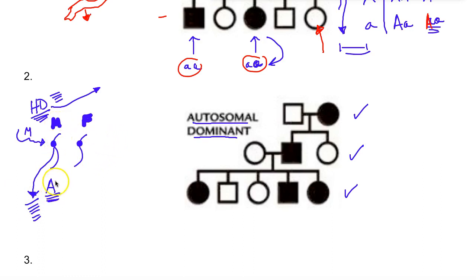All you need to have is one of them. So if you're expressing an autosomal dominant, the first thing I recognize is that I'm going to have it in every generation, because in order to show this, I'm either capital A or little a. This is not showing it, so this must be what? Recessive. So what I do know from this pedigree diagram that I didn't know in the other one is that the individuals that are not expressing, let's say, Huntington's disease are going to be homozygous recessive.